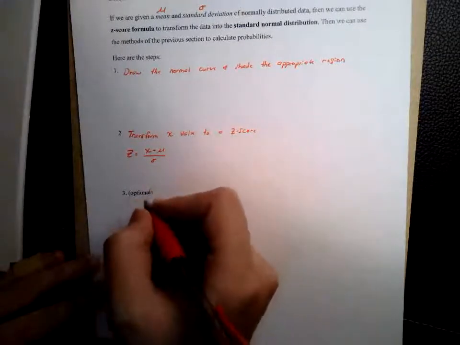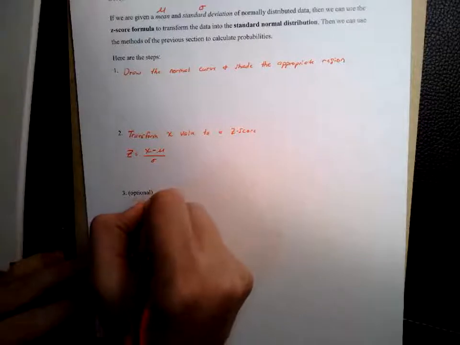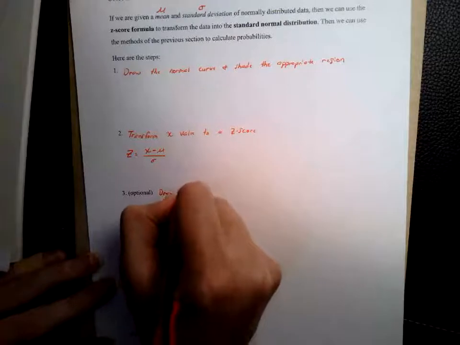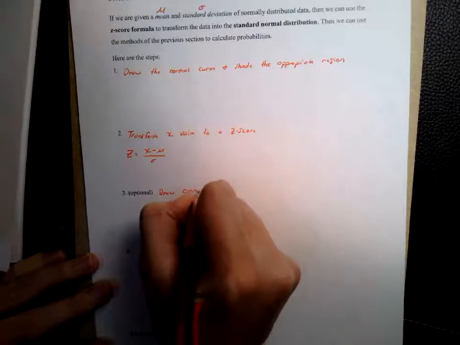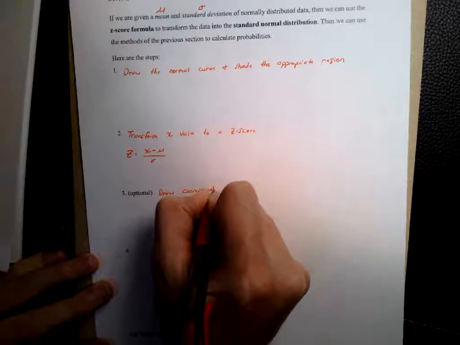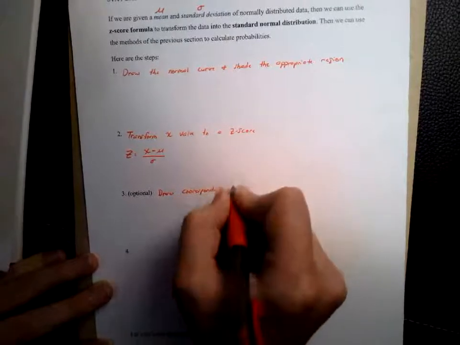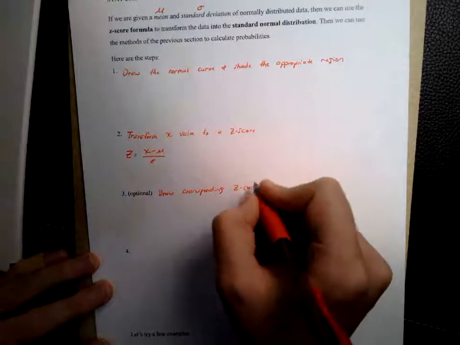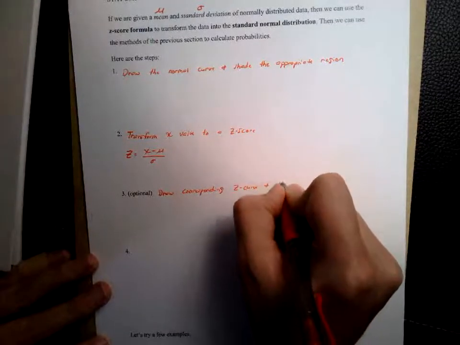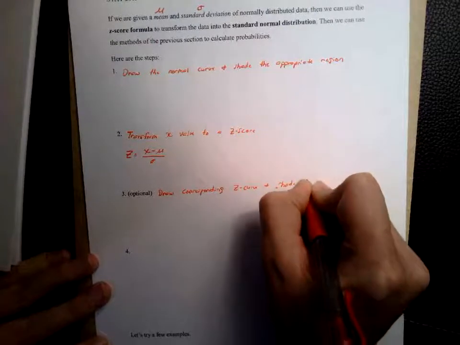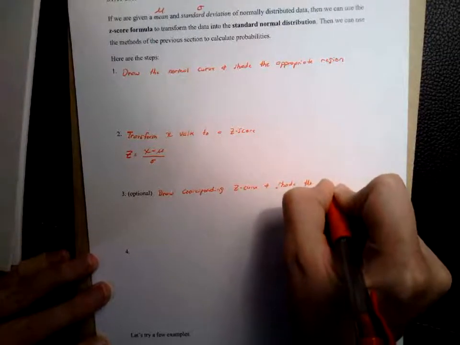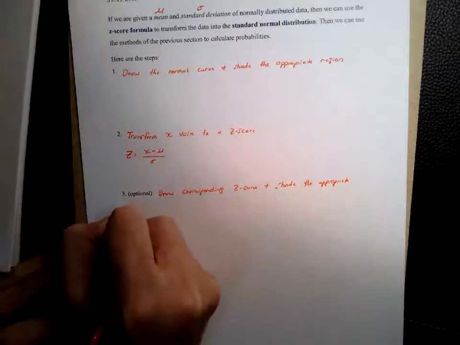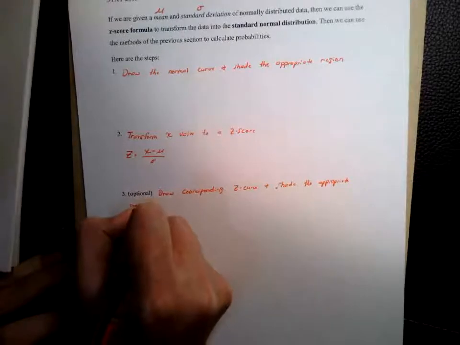Now a third step, which is optional, this is just what we did in the last section. We draw the corresponding z-curve and again shade the appropriate region. So this step is nothing new.